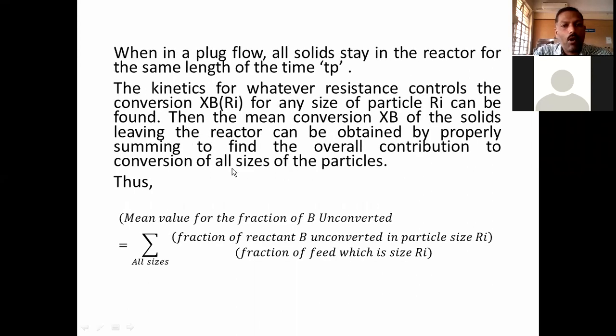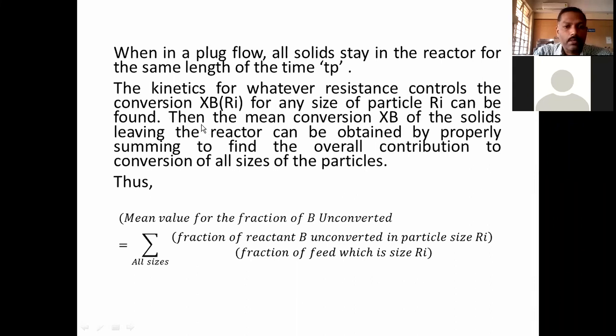In plug flow, all solids stay in the reactor for the same length of time tau p. The kinetics for whatever resistance controls the conversion X_B(Ri) for any size of particle Ri can be found.